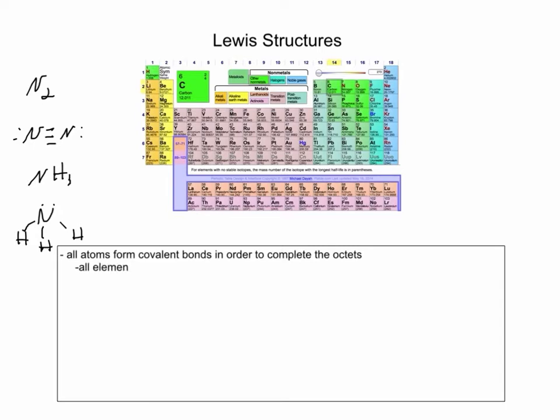All elements need 8 electrons in their valence shell, except for hydrogen and helium, which only can fit 2 electrons.